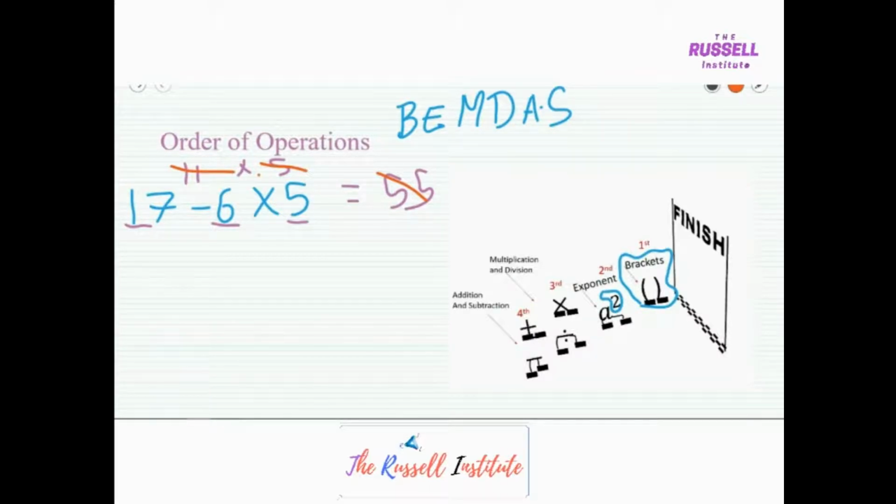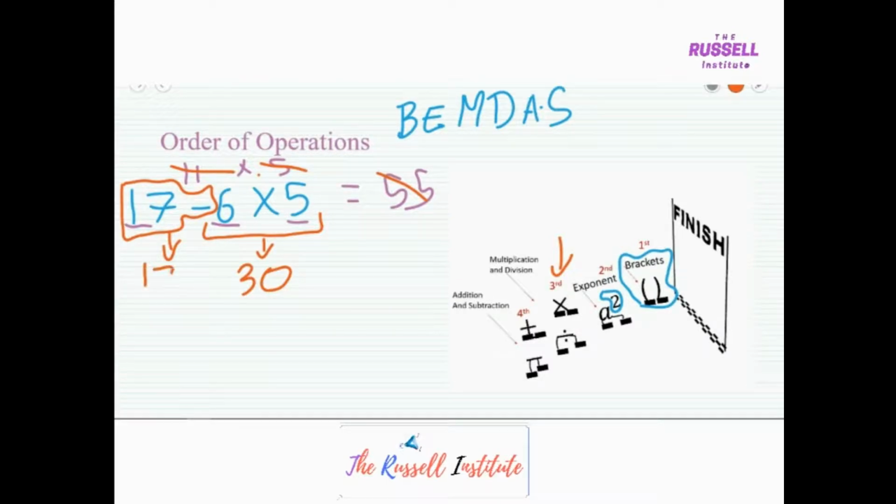Let's look at the race. We have no brackets, we have no exponents, but don't we have multiplication? Yes, we do. And that must be done before any form of subtraction. So I'm going to do this multiplication first. 6 times 5 gives me 30. Everything else that I did not use, the 17 and the minus sign, I'm going to bring down.